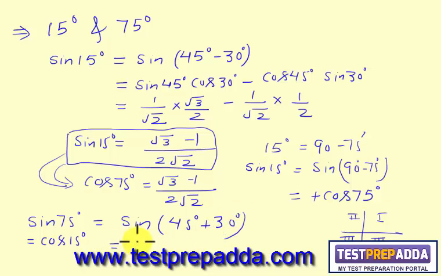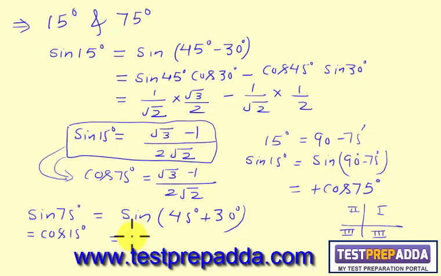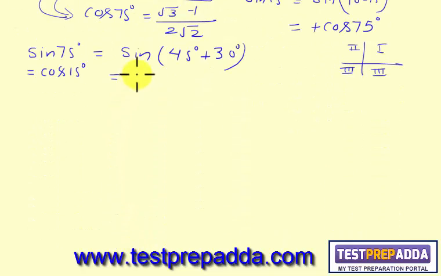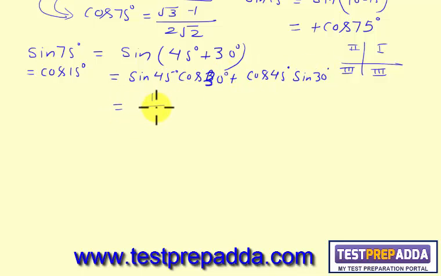So what formula will you use now? Sine A plus B. What is sine A plus B? Sine A cos B, B here is 30 degree, plus cos A sine B. Now sine 45 is 1 by root 2. Cos 30 is root 3 by 2. Cos 45 is 1 by root 2.